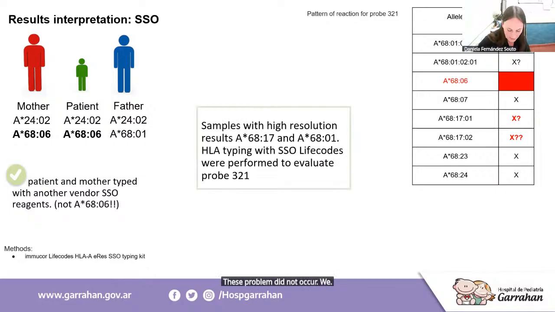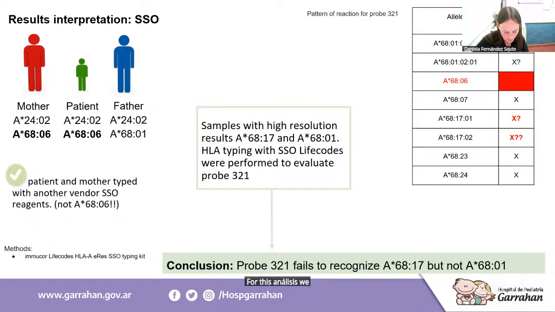We also examined samples with previous high-resolution results for 68:17 and 68:01, and performed SSO typing to evaluate the probe. From this analysis, we concluded that the probe fails to detect A*68:17, while it correctly identified 68:01.